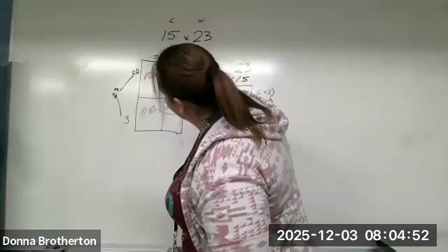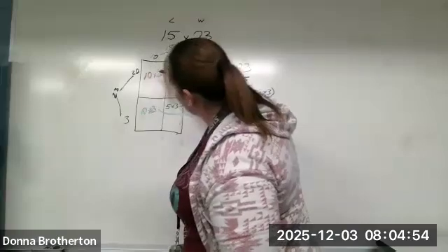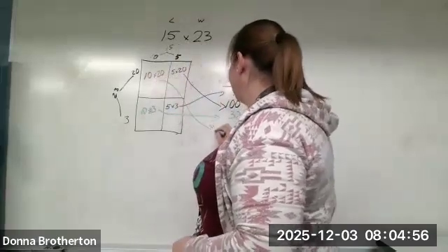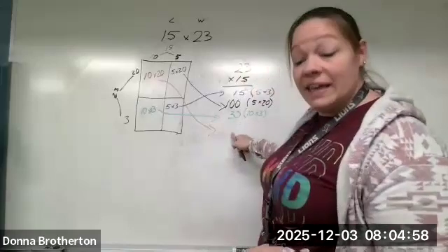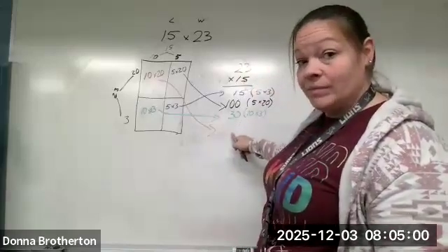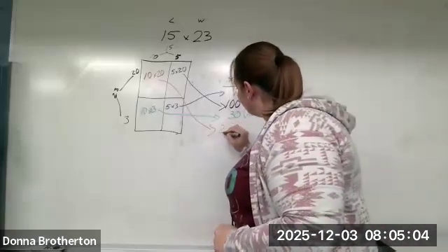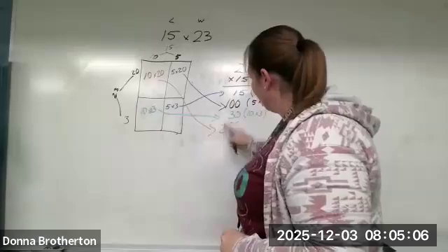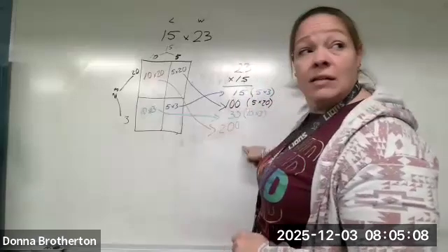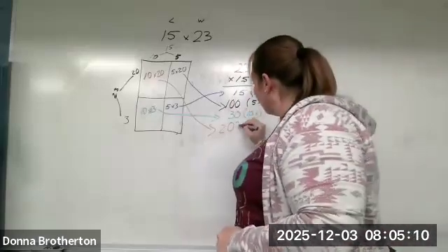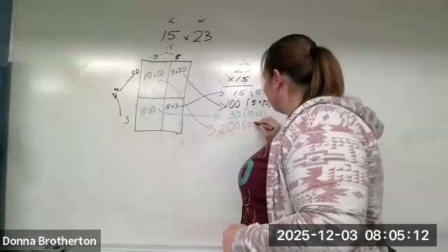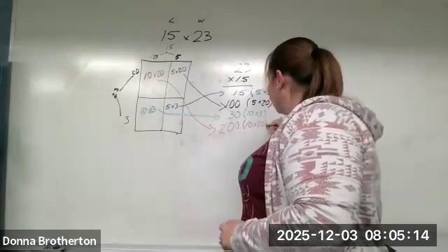Let's put them both in the middle. So 10 times 20. And now I'll go here. What is 10 times 20? 200, absolutely. So again, I'm making sure I line up my hundreds, my tens, and my ones. And this is my 10 times 20.